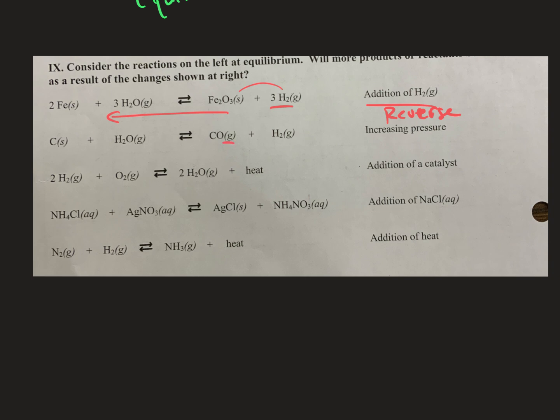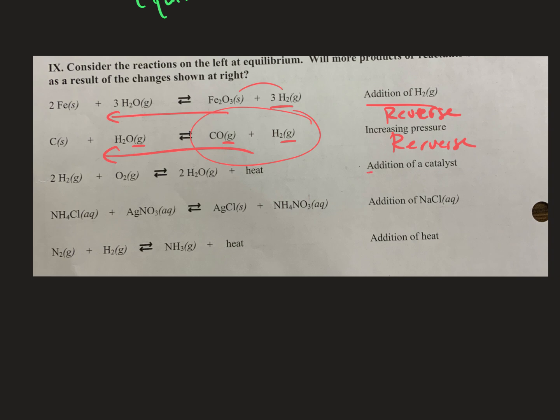There's a gas, and there's a gas. This is a solid. Carbon is a solid. So it's going to affect this side the most, right? It's going to push these guys together. It's going to push it to the left again. Does that make sense to everybody? So you got to watch where those gases are.